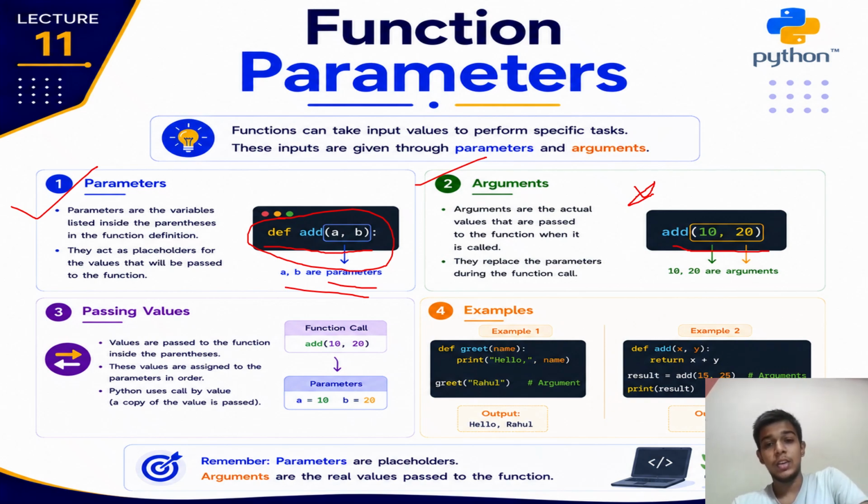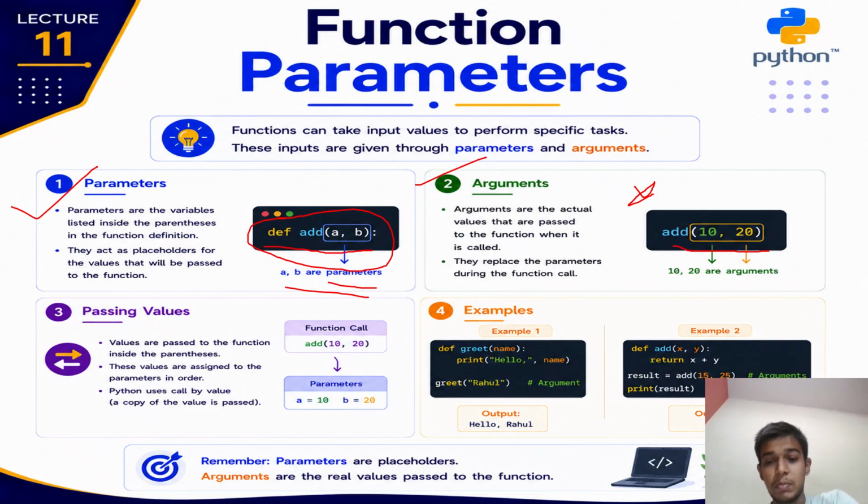The values are assigned in order. That means the first argument goes to the first parameter and the second argument goes to the second parameter, and so on. So Python passes these values to the function. The function performs its task and then it finishes execution. So whenever you call a function, make sure you pass the values in the correct order.